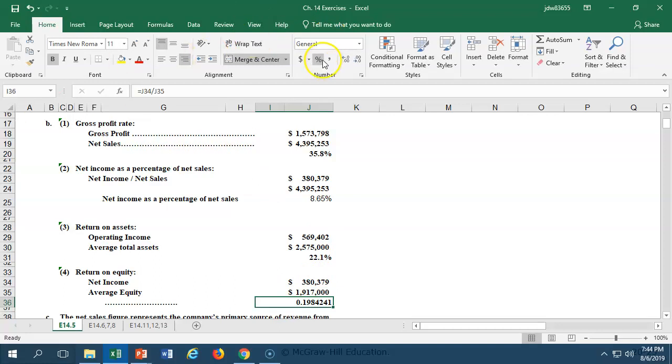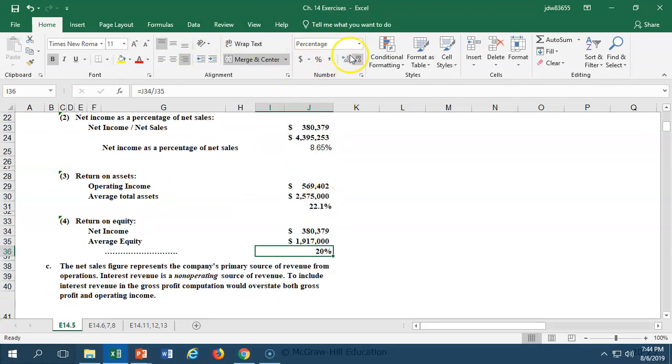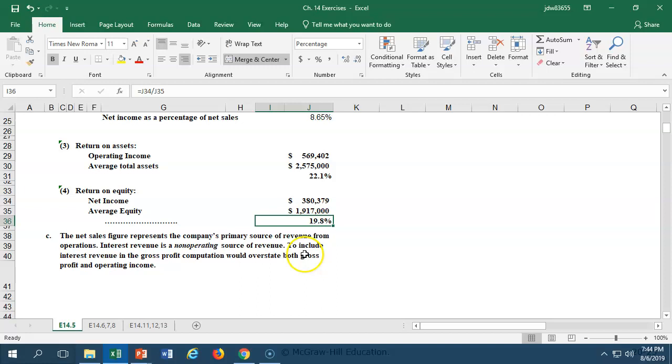That's 19.8%. Okay, know how to do those calculations. I think it might be helpful. Maybe it might be on the quiz also.